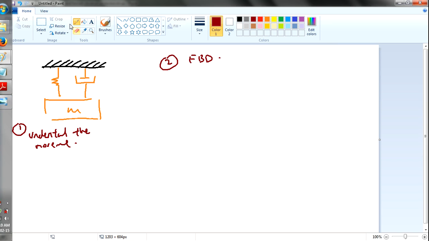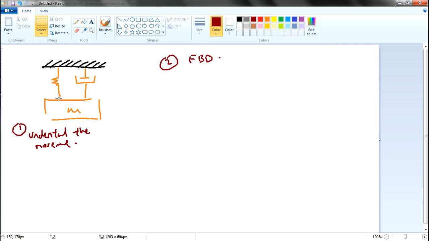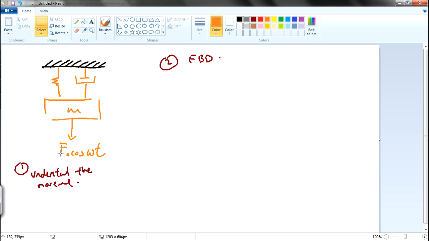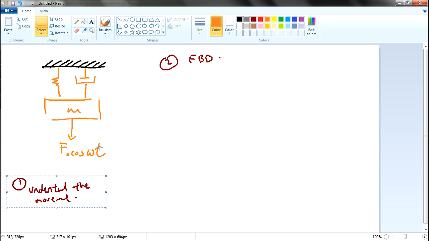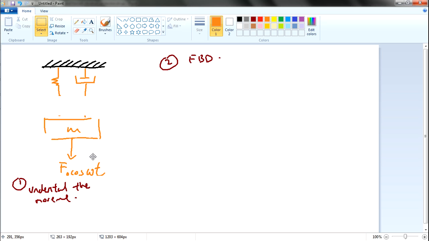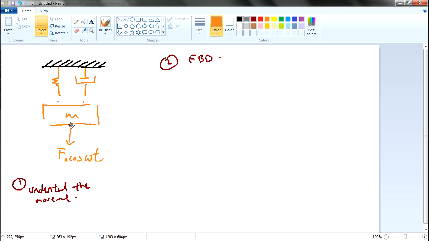The movement itself is, as I said earlier, you put the mass down with a forcing function, F cosine omega t, in terms of time. If you put this down, the mass goes down, and then the damping and the spring will start to pull it out again.